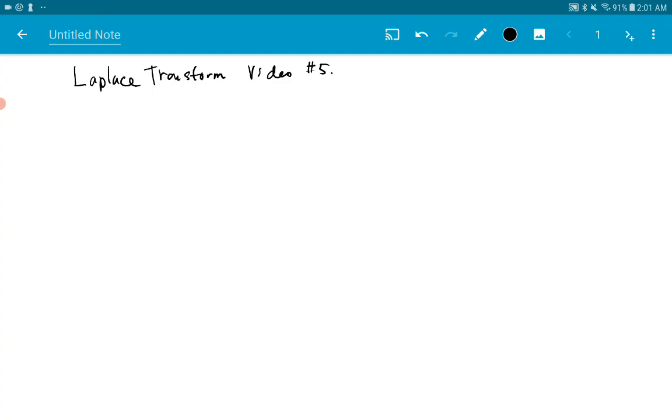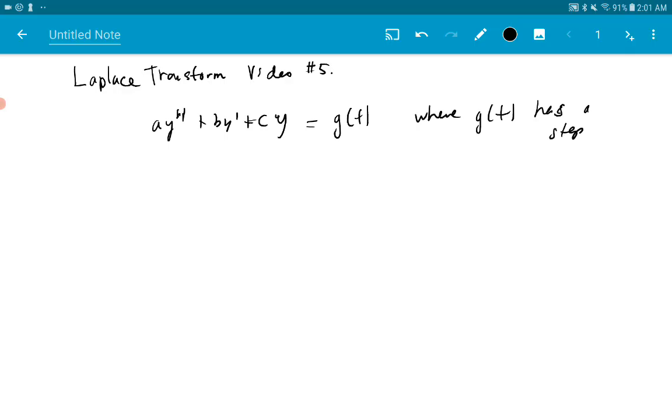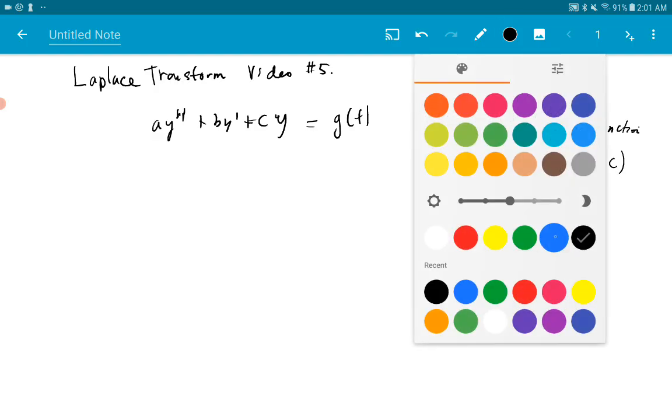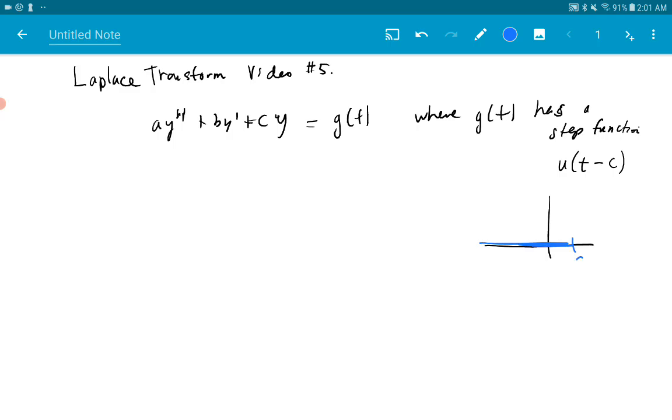Now we want to do a couple more examples using a situation where you have a differential equation, something like ay double prime plus by prime plus cy equals g of t, where g of t has a step function in it, an on-off function, u of t minus c, for example, where that's the function that's 0 until you get to c, whatever c happens to be.